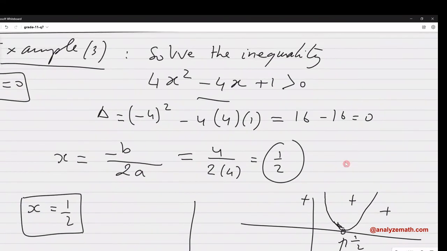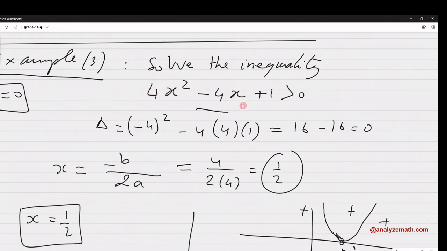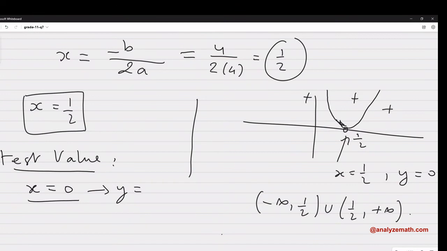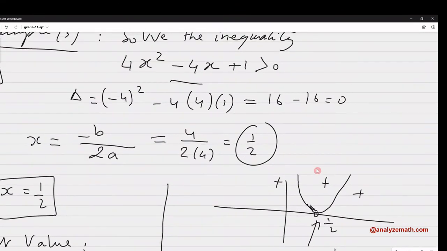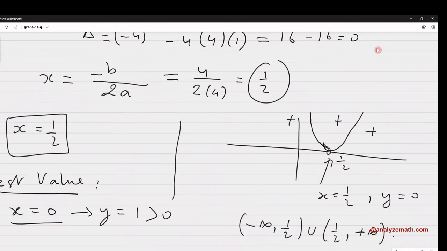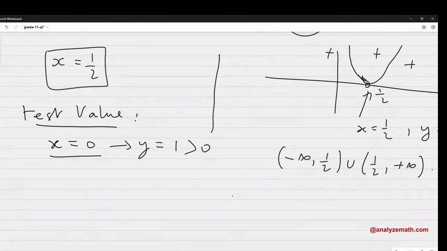Y is the quadratic expression: 0 plus 1 gives me 1. 1 is positive, it satisfies the inequality. So my inequality is satisfied for all values of x except x equal 1/2, when it makes y equal to 0, and I don't want it. Again, -infinity to 1/2 union 1/2 to plus infinity.